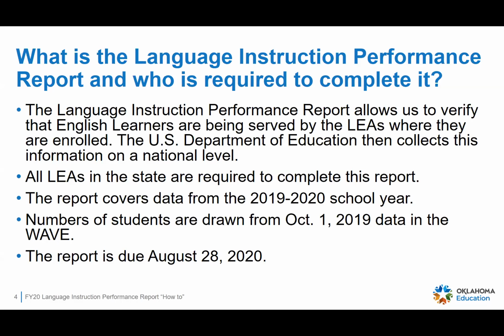This particular report covers data from the 2019-2020 school year, and the numbers that are pre-populated in the report come from the October 1, 2019 data drawn from the WAVE, and this report is due August 28th, 2020. We're a little bit late getting this report out this year because we've had to make some changes to gather information that was requested by OSDE. So we have a fairly short window this year.